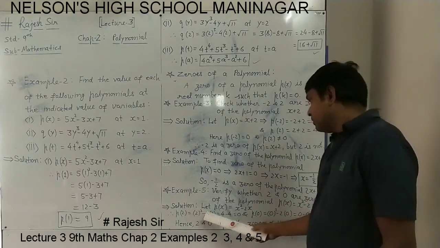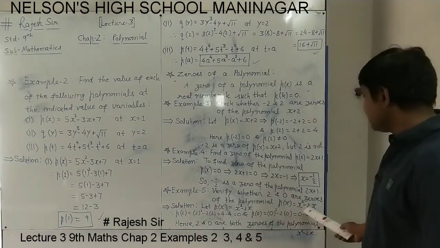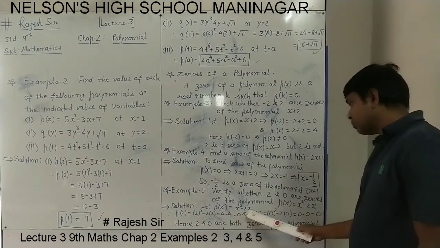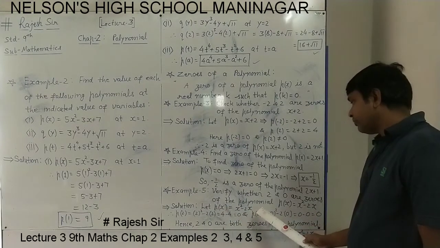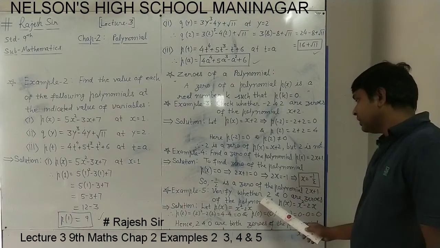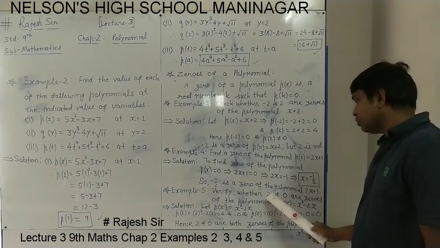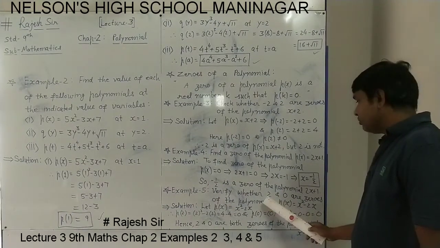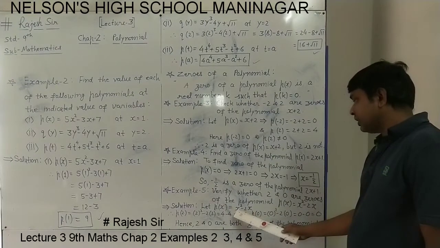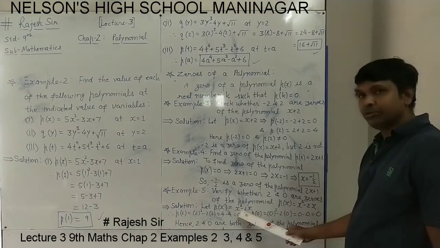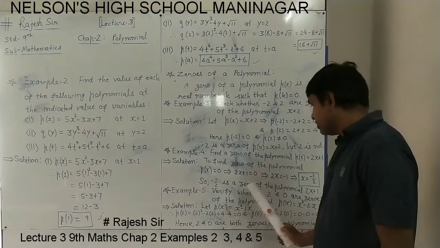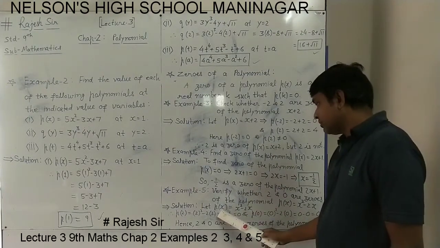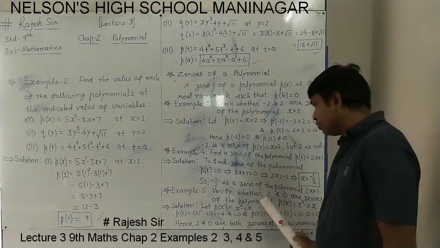So in the solution, let p(x) = x² - 2x. In this polynomial, we will find the value of the polynomial at the given real numbers, 2 and 0. We will check one by one. First, x is replaced by 2.